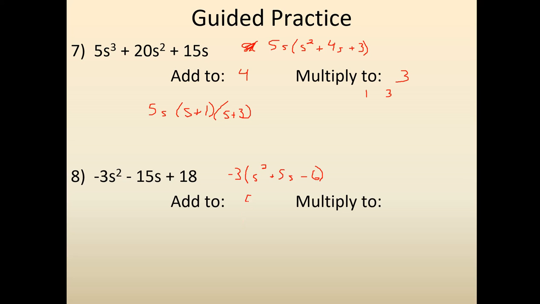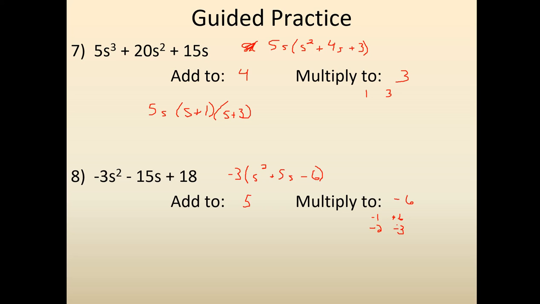So we're looking for numbers that are going to add to 5 and multiply to negative 6. So negative 1 and negative 6, negative 2 and negative 3. If they multiply to negative 6, it's got to be, and this is going to be positive. That means the bigger number has to be positive.